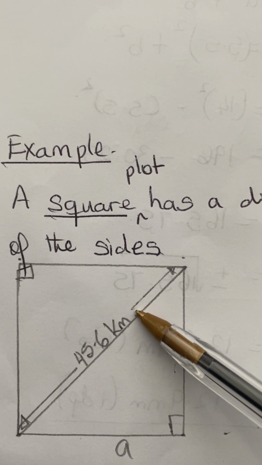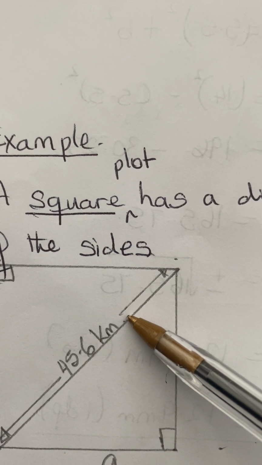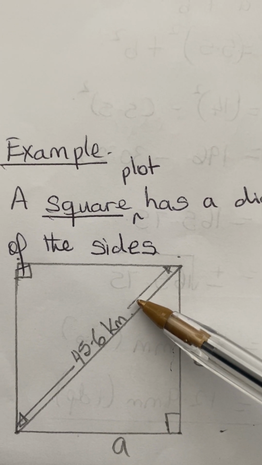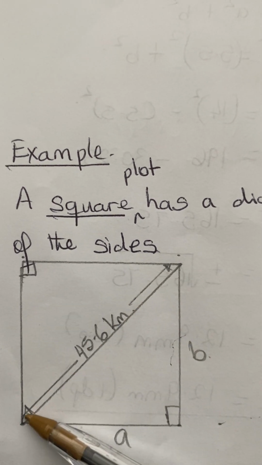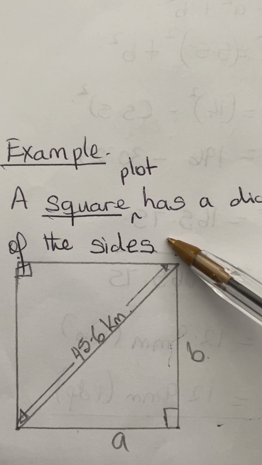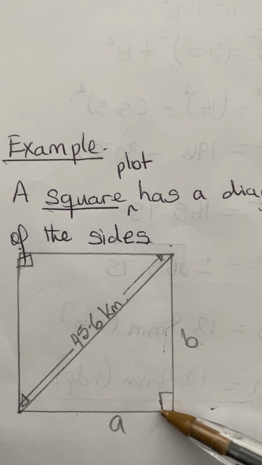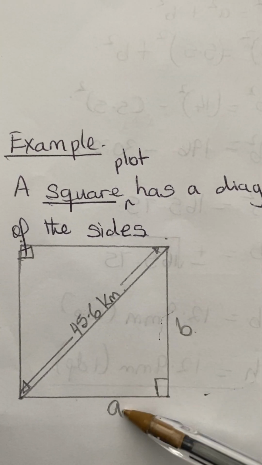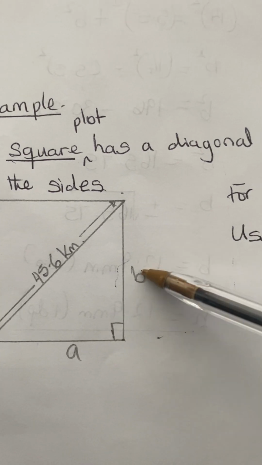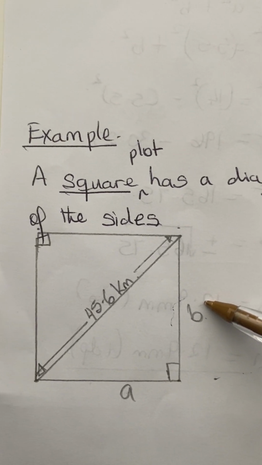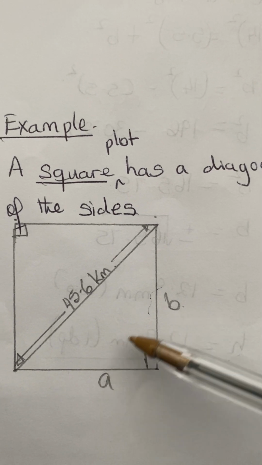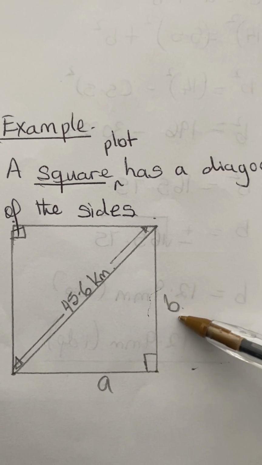Maybe they might want to do some new build on there. Now we know the diagonal. We need to find the side. But in a square, A equals B, so whatever the value of A is will be the value of B.